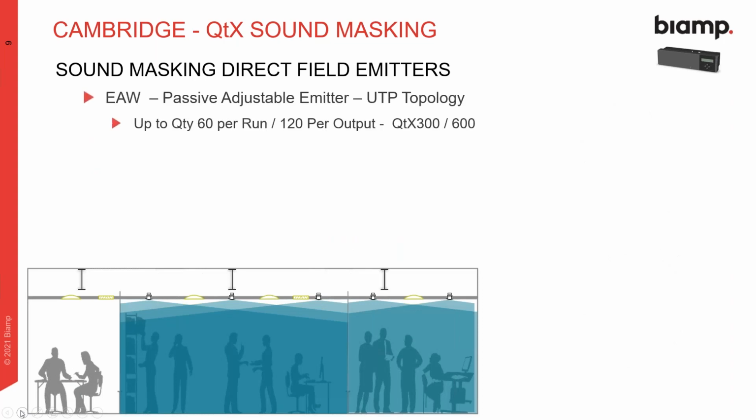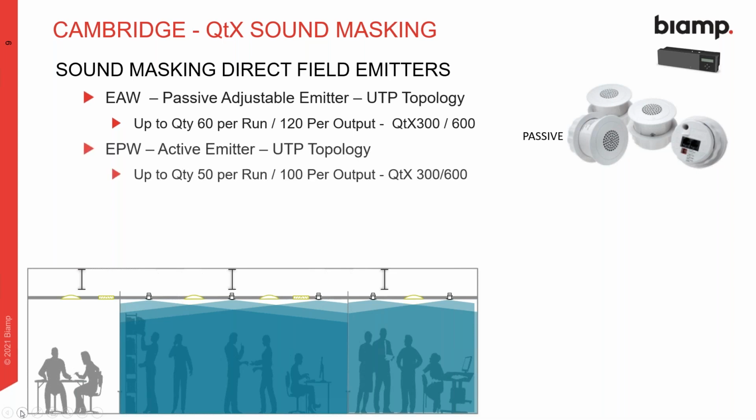On the emitter side, we still have the flagship passive adjustable emitter with UTP topology that was flagship with the QT Pro product. We also have the active emitter with the UTP topology, which is a product that was added later in Cambridge's history to do paging and background music in conjunction with sound masking.